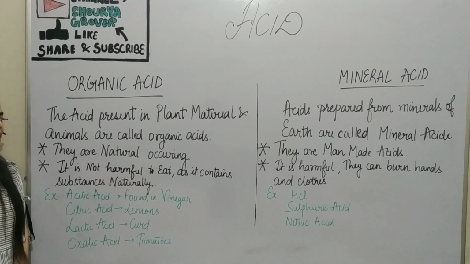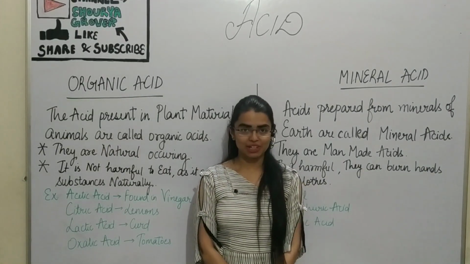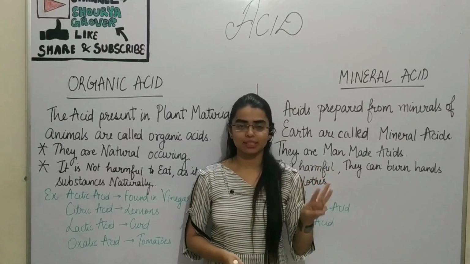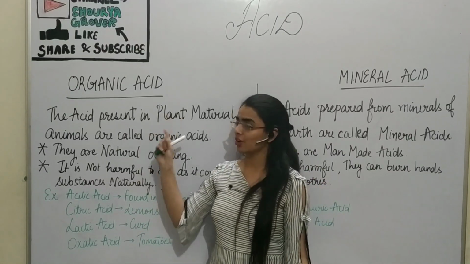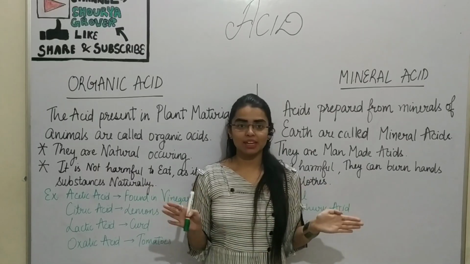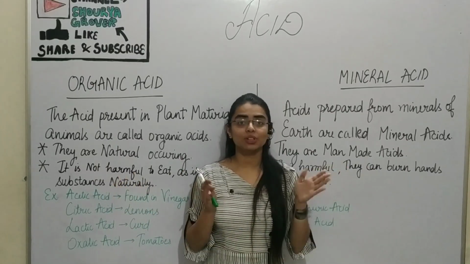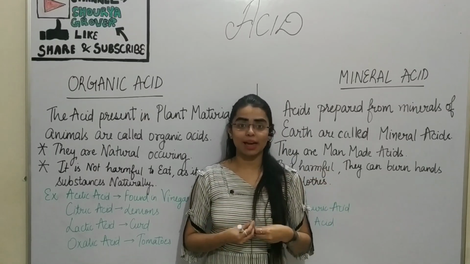So students, now I am going to explain organic acids and mineral acids. As I told you, acids can be divided into three categories. Based on the source, they are further classified into organic acids and mineral acids. So here I have made organic acid on one side and mineral acid on the other side, so that you can learn easily in tabular form.